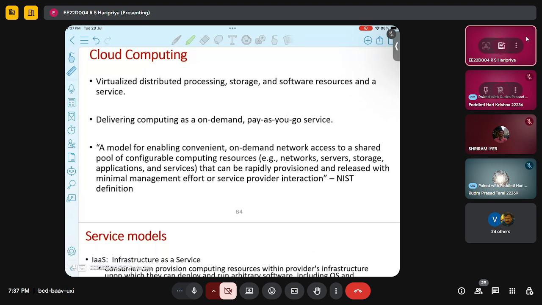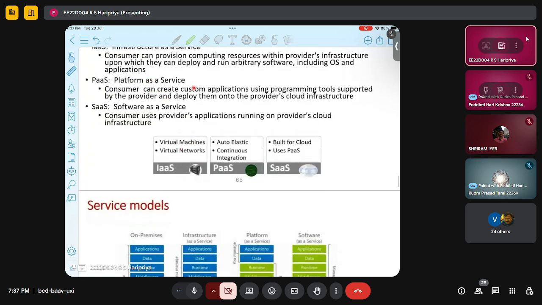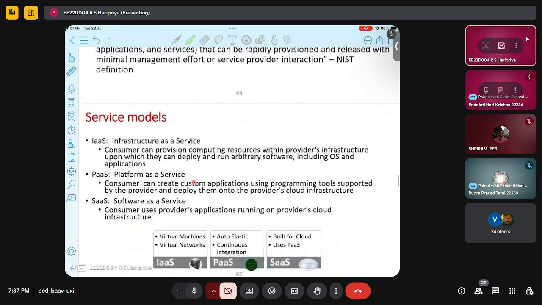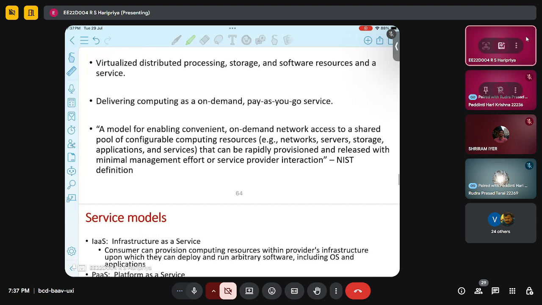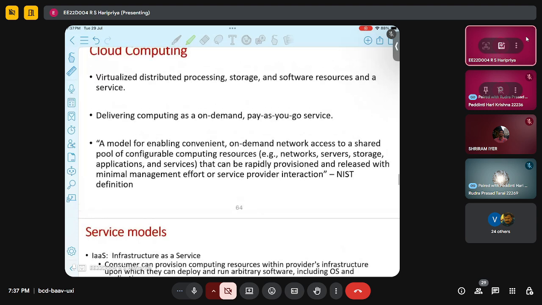Cloud computing. So this brings us to the concept of cloud computing. We have talked about virtualization at different levels.